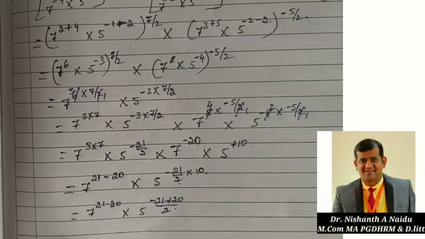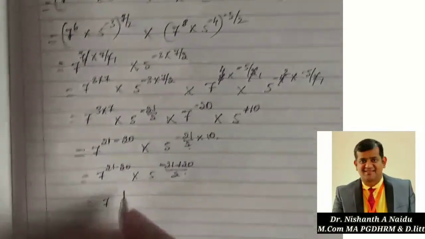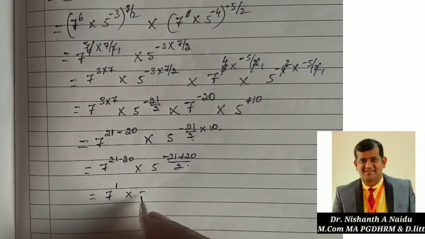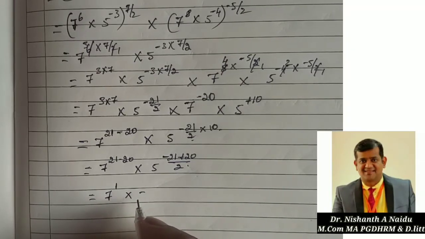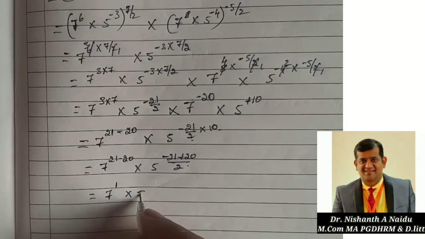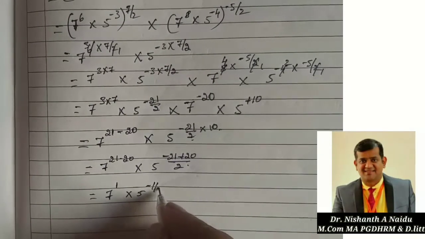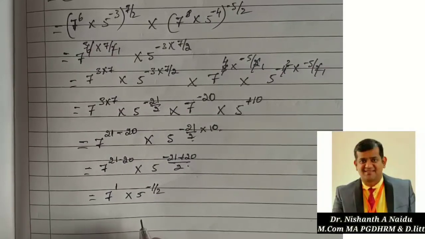So that becomes 7 to the power of 1 into 5 to the power of minus 1 divided by 2.